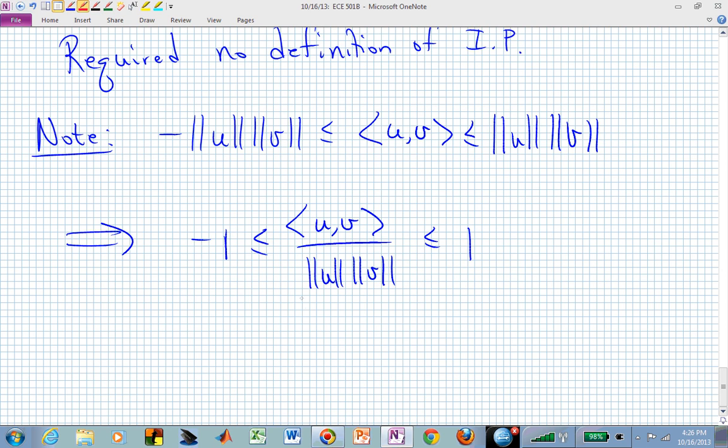And this piece now, we know that the cosine of an angle is bounded between -1 and 1, so that we could think of theta like an angle between these two vectors, u and v.